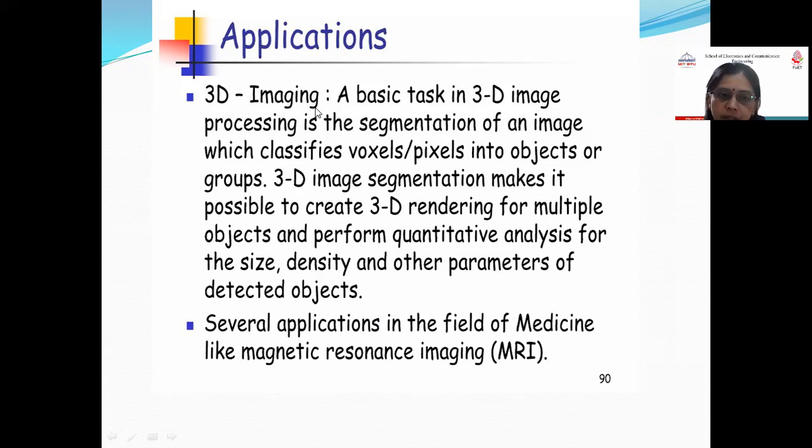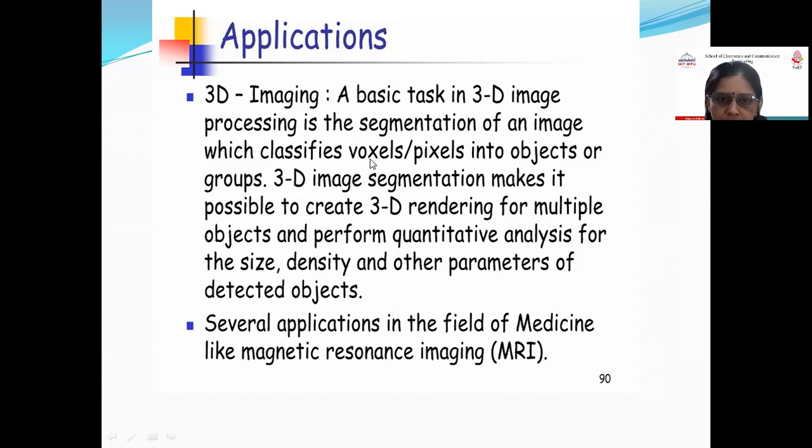Then in 3D imaging also it is useful. A basic task in 3D image processing is segmentation of an image, which classifies voxels or pixels. Whenever we use 3D images, the term used is voxel, because along with length and breadth, it also adds some depth. So instead of pixel, the term used is voxel.